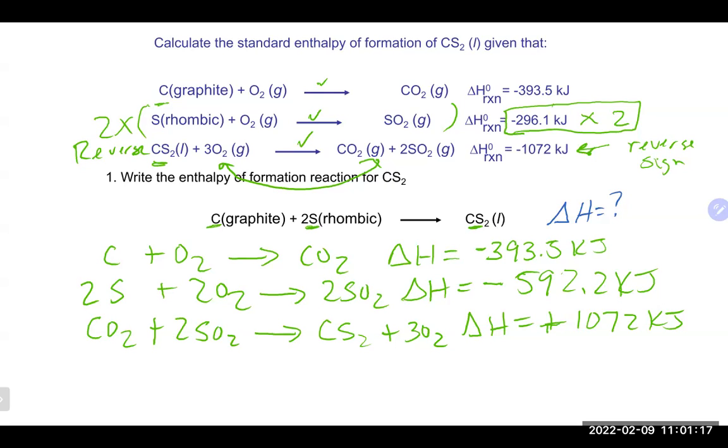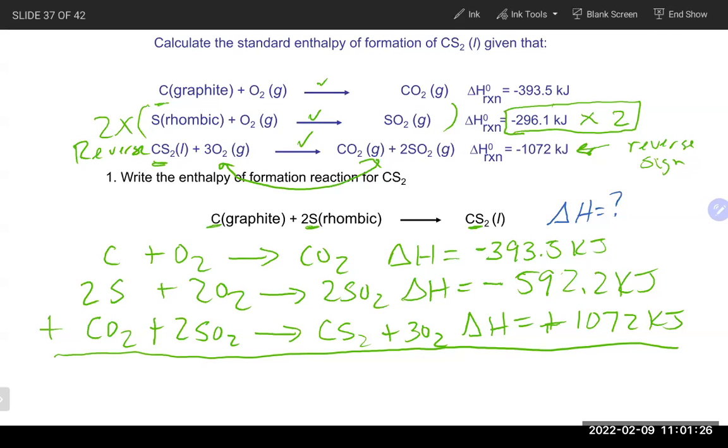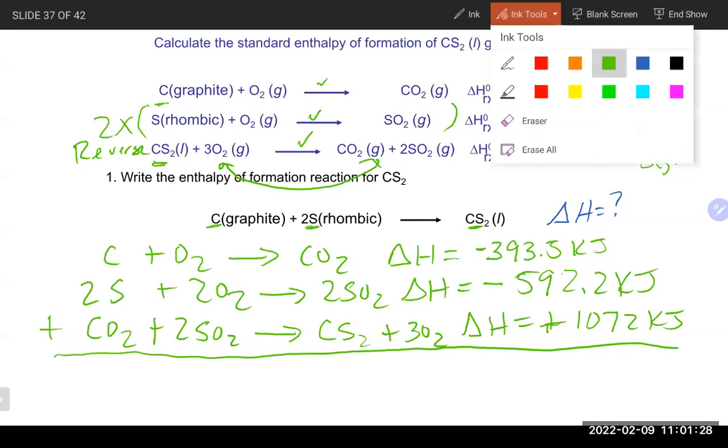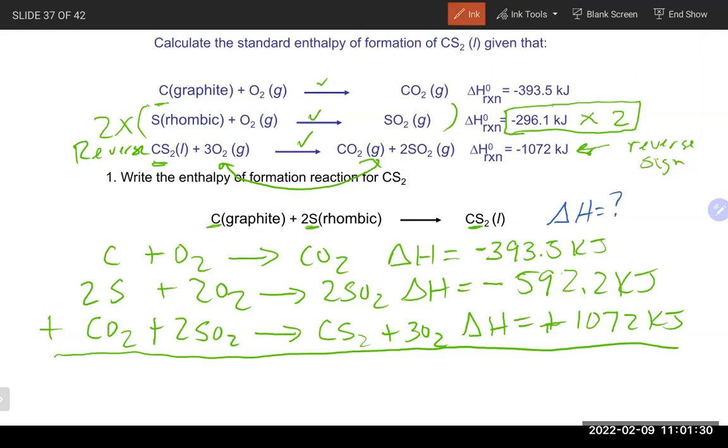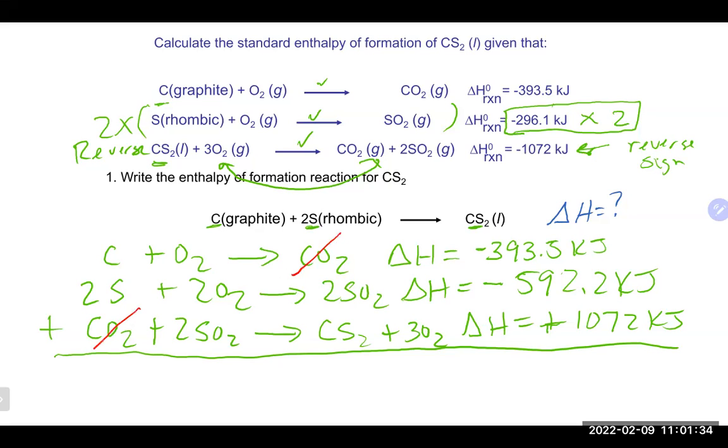Now, clearly we are out of equations and we did some manipulation to those equations. So if we did it correctly, we should be in business. So let us see here. If we add up all these equations, we're going to look for anything on opposite sides that could cancel out or reduce down. So we see CO2 on the right, CO2 on the left. Those guys cancel. We see 2SO2 on the left, 2SO2 on the right.